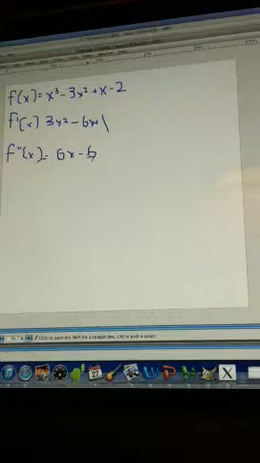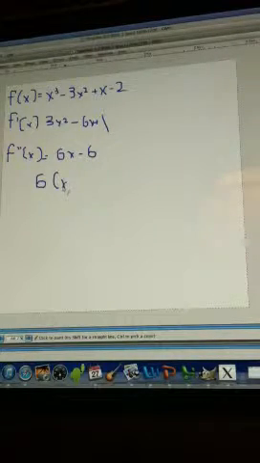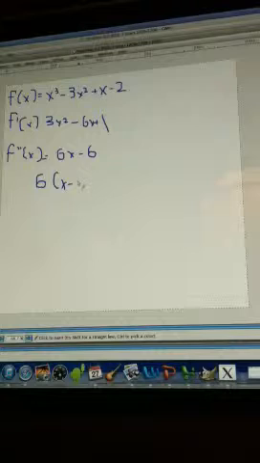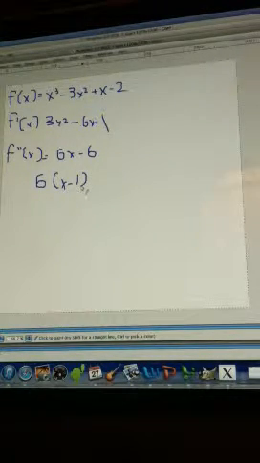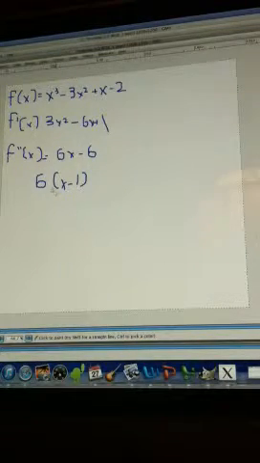Next you're going to want to find your zeros. So we'll factor out a 6. It would be 6 times (x minus 1). And what will make this equation 0?